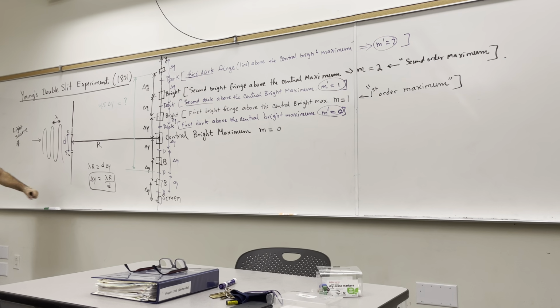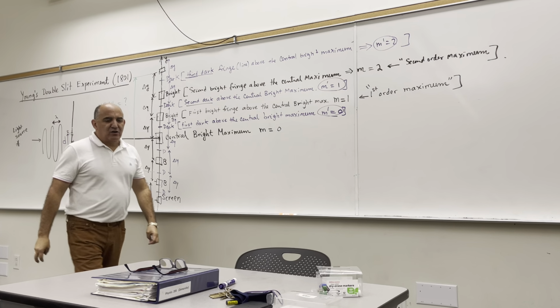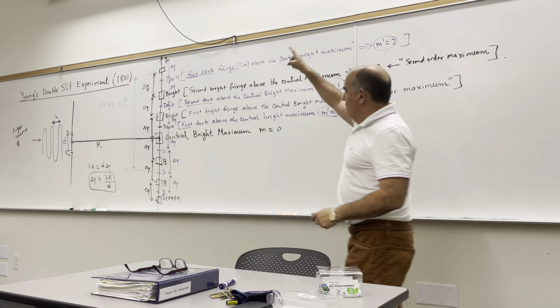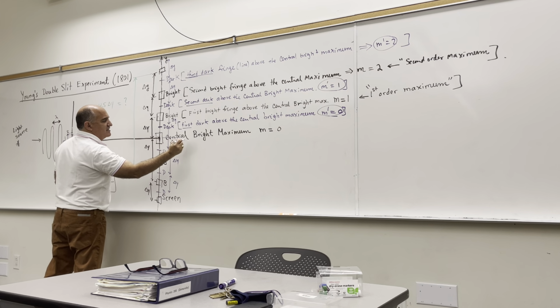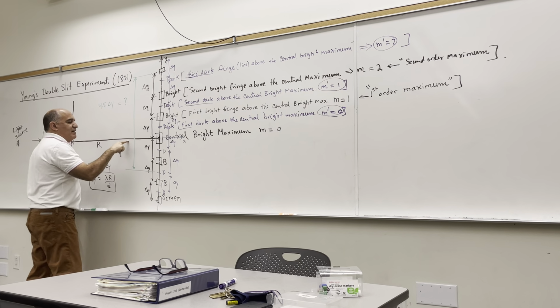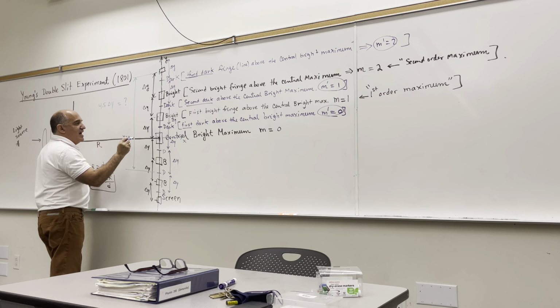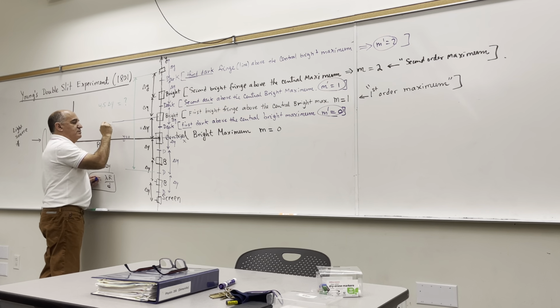By the way, notice that delta y is the following. What if I call a y-axis like that, and I think of this as an x-axis. So what's the value of y on this x-axis? Notice that delta y is the distance to the first bright. It's this, right?